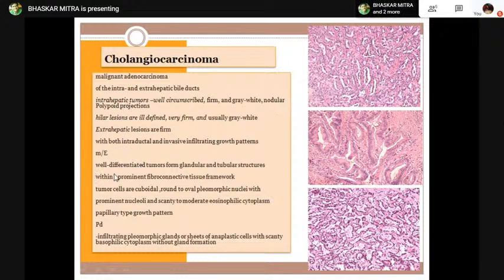Microscopically, they show glandular and tubular architecture here and there, with a prominent fibroconnective tissue meshwork in between, and a definite desmoplastic reaction. The lining epithelium shows definite pleomorphic nuclei and papillary architectural pattern, and they may invade into the surrounding tissue. Sometimes in poorly differentiated cases, this tubular architecture is lost. I will show you the pictures. They may form nests and ducts, and sheets of cells everywhere.